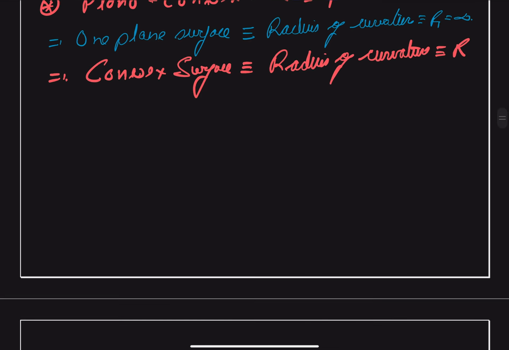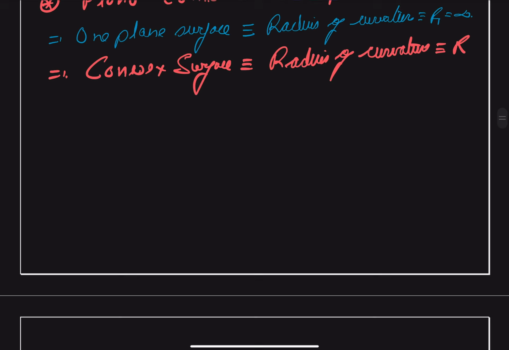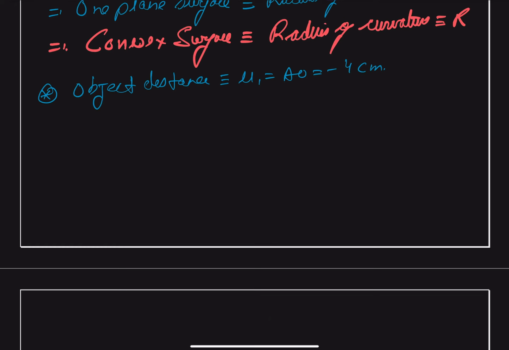So therefore we are given that the object distance for the first case, let us suppose that is our U1, which is our AO, will be equal to -4 centimeter, and next is our image distance.